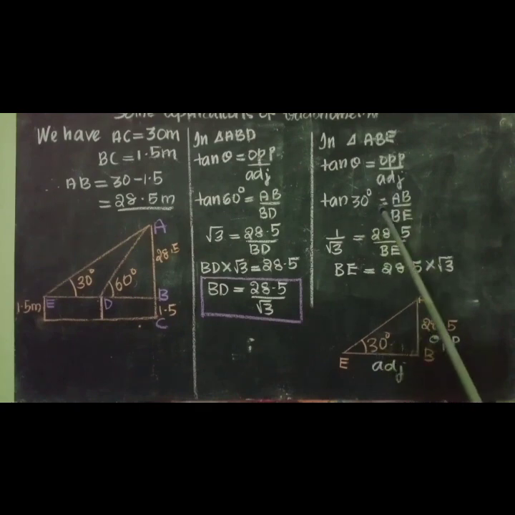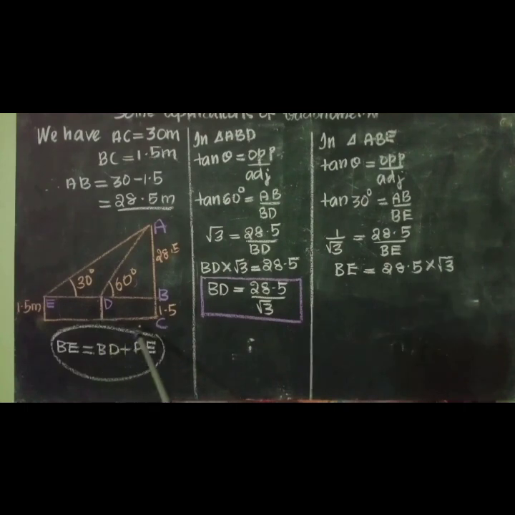Tan 30 degree equal to AB by BE. AB is with measurement 28.5. So 1 by root 3 equal to 28.5 by BE. Tan 30 degree is 1 by root 3. Cross multiply, we get BE equal to 28.5 into root 3.